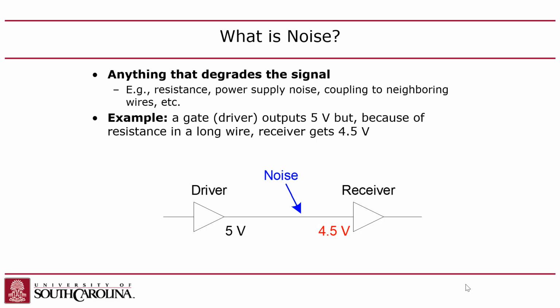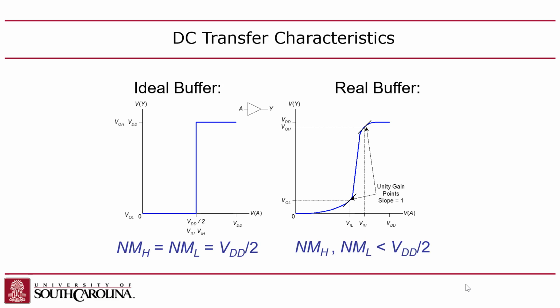And the forbidden zone is the voltage between what's considered a low voltage for the input, so that's VIL. So anything that's VIL or below is considered logic 0. Anything that's VIH or above is a logic high for the input.